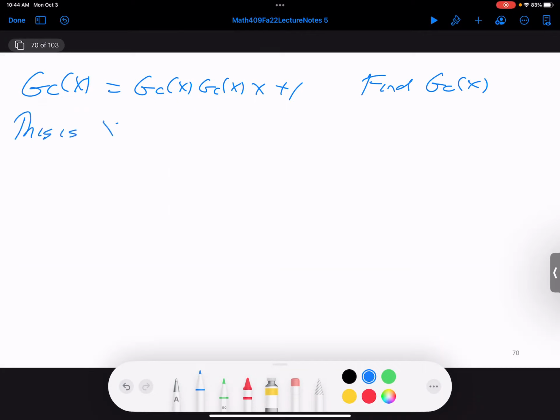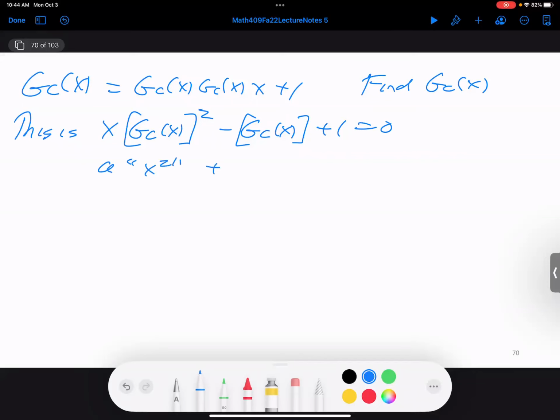This is just x times GC of x squared minus GC of x plus 1 equals 0. This is your a x squared plus b x plus c equals 0. It's just a quadratic formula.